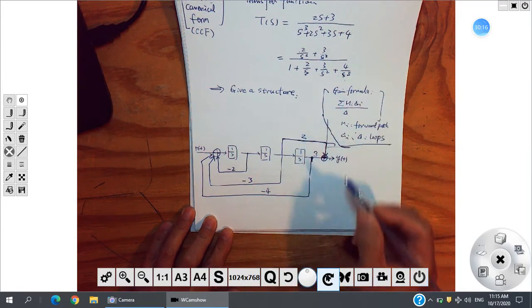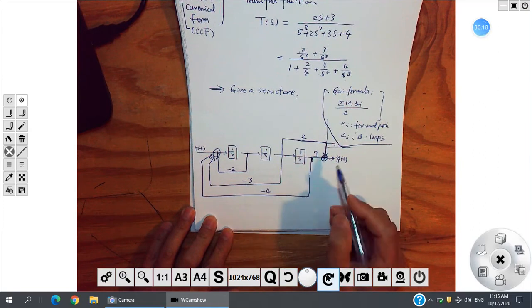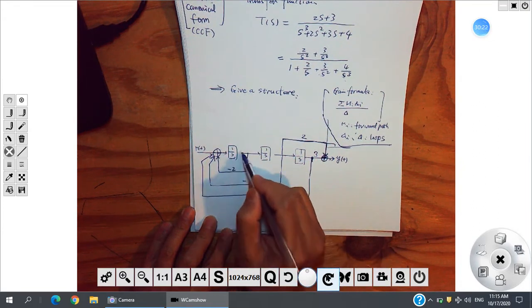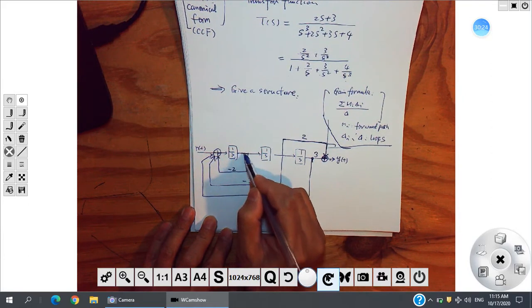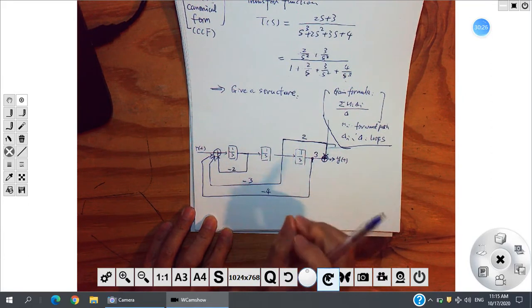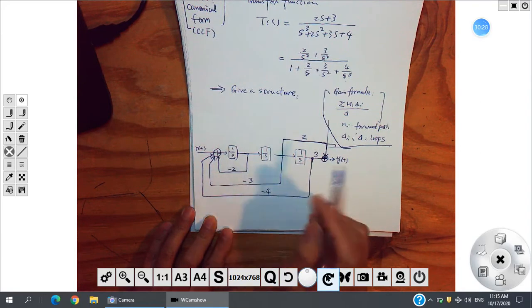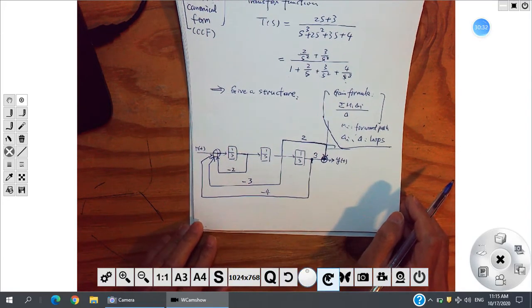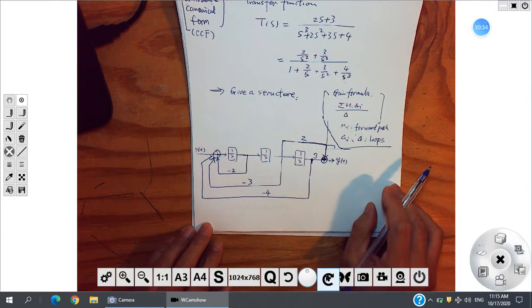And we do not have pairs of loops. All these loops have the common part, so they are not separate. They touch each other, so you do not consider loop pairs. Also, you do not consider triples of loops.